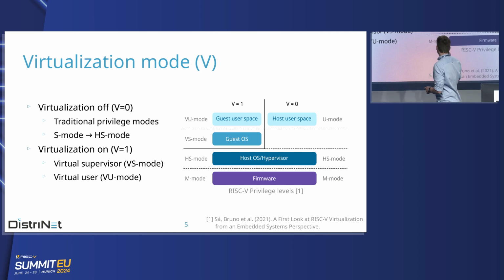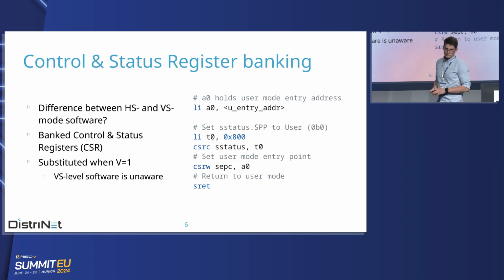As you can see in the figure, there is no fundamental difference between software running in virtual supervisor mode and host supervisor mode or hypervisor extended supervisor mode. So, therefore, some control and status registers are banked, and they are substituted whenever virtualization is on.